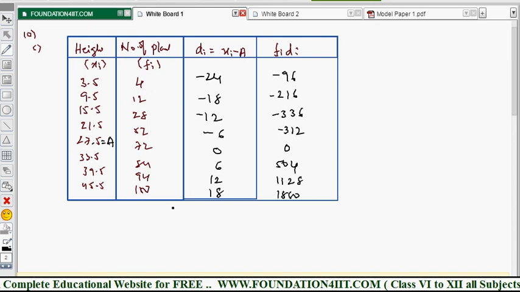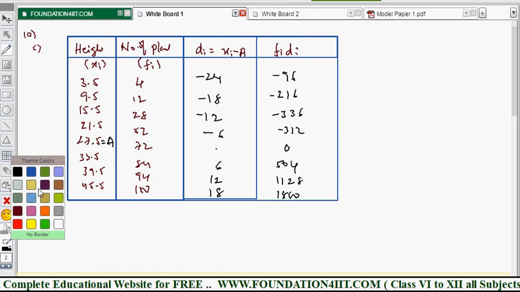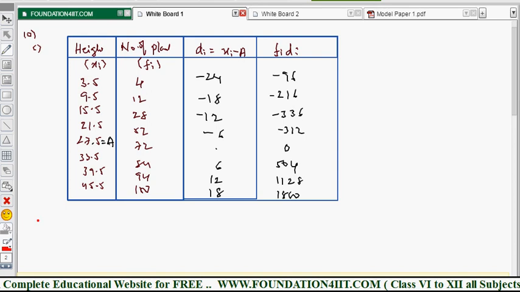Now we write the totals down. Sigma fi is 446. And sigma fi di: add positive numbers separately, negative numbers separately, and subtract. Then you get the answer 2472.